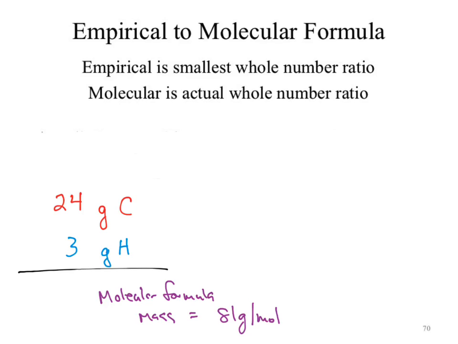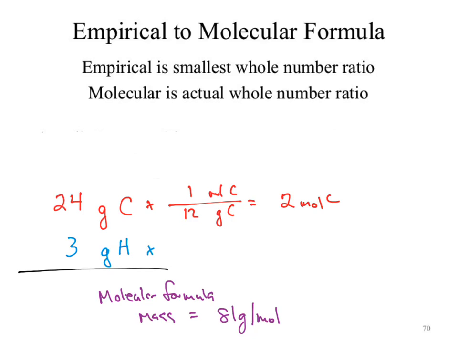So in our empirical formula, what we're trying to get into is moles. Pretty universally, we saw grams carbon to moles carbon, divided by 12. This gets us 2. For those of you that want to deal with sig figs or proper units, let's deal with the proper units first. For those of you who want to deal with sig figs, that's okay. You can push the sig figs a little bit.